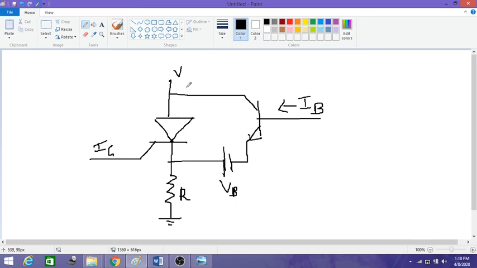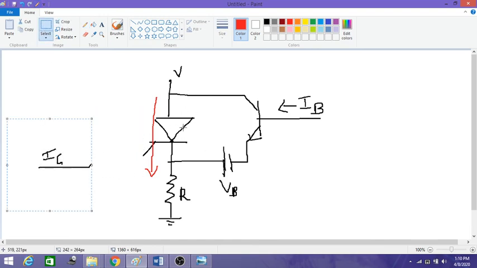Now this is a forced commutation circuit. What happens in a forced commutation circuit? You apply the gate current and the anode to cathode voltage is applied. Now the current is flowing from anode to cathode. If you want to turn off this SCR, even if I remove the gate current, the SCR is still in the on state, so it will not turn off. To turn it off, I have to apply a reverse current. How do I get it?